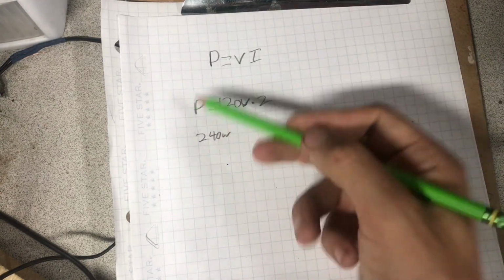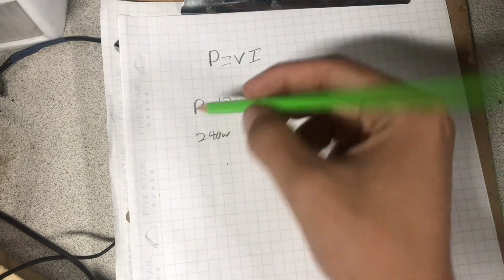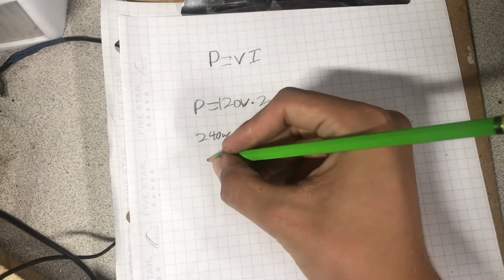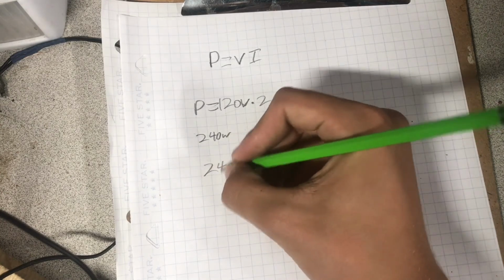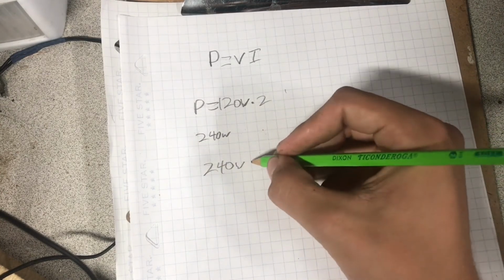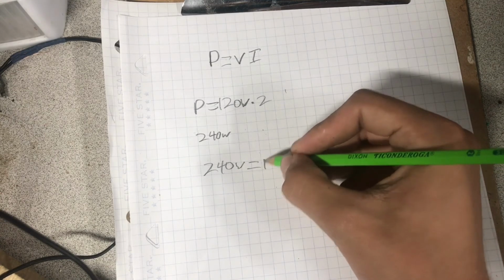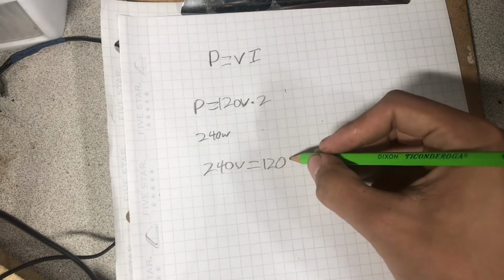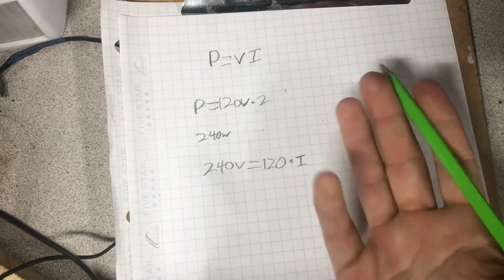Well, then instead of our variable as P, we'll put whatever our value for P is. So 240 watts is equal to 120 times I. That'll work, right?